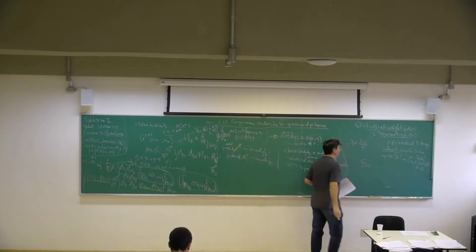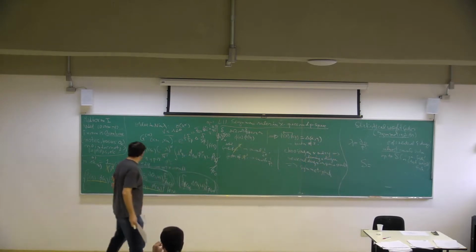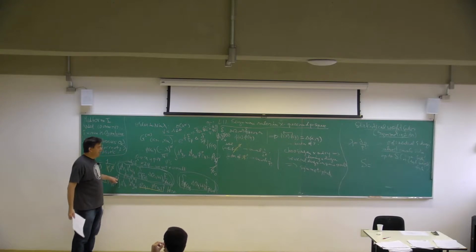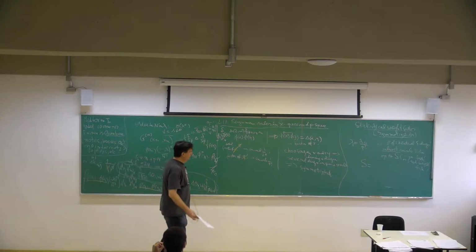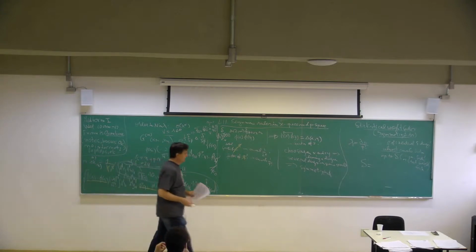So this S amounted to the following. Here we have minus lambda to the n, but I redefine lambda as lambda p over p factorial, so I have p factorial to the n, and I also have this n factorial.